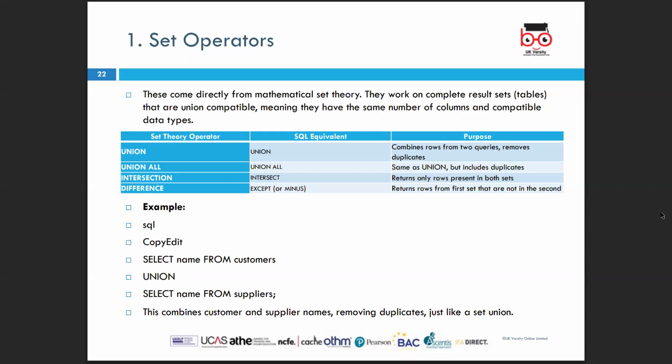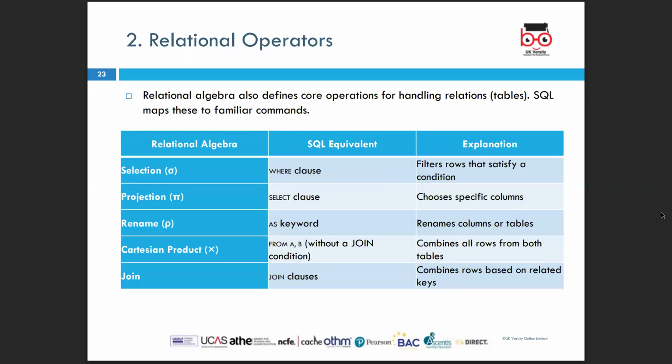So we have set theory operators, their SQL equivalents, and their purpose. Relational operators: relational algebra also defines core operations for handling relations, such as a table. SQL maps these to familiar commands.